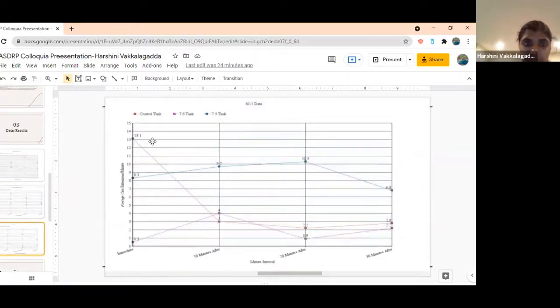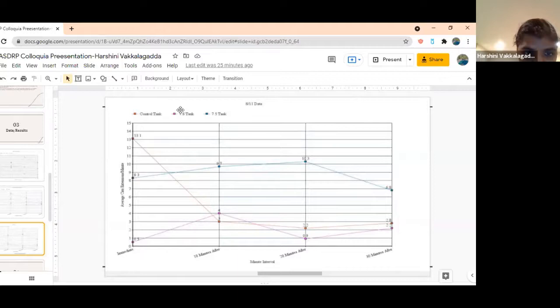And for the third figure, which was taken 12 days after we started feeding them, the data is a lot more varied, and this can be due to a multitude of factors, like the fact that they were acclimating to a new environment, and it could also be because of their new feeding habits in a new environment.